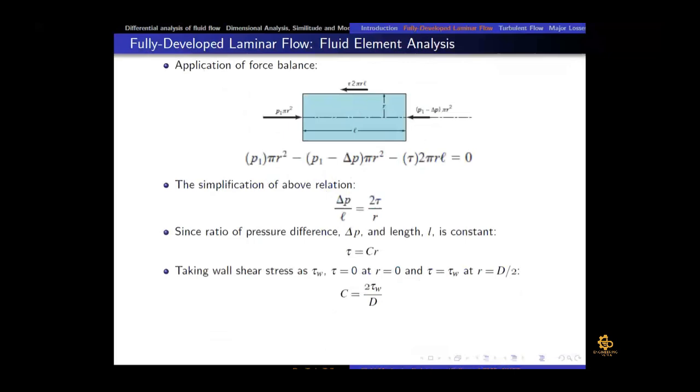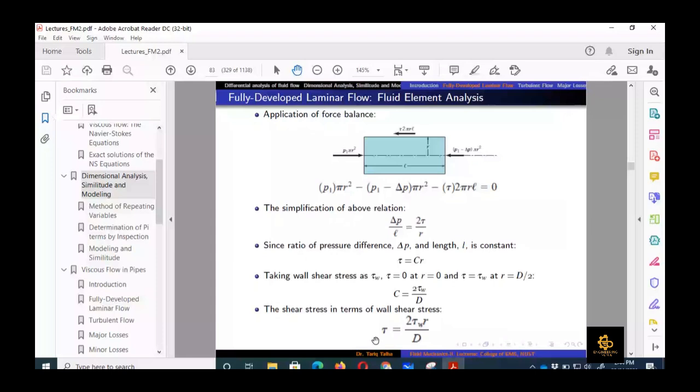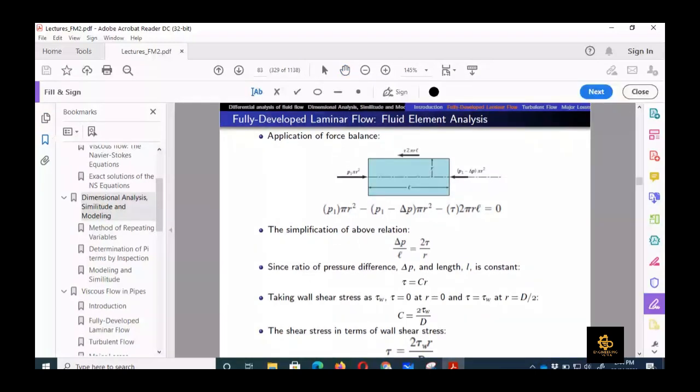Now, if we put this value here, then we can get the value of tau in terms of tau omega. If we put this value here, 2 tau w upon d into r. So tau comes out to be 2 tau w r upon d. So let's take this relation. So if we take just a minute.